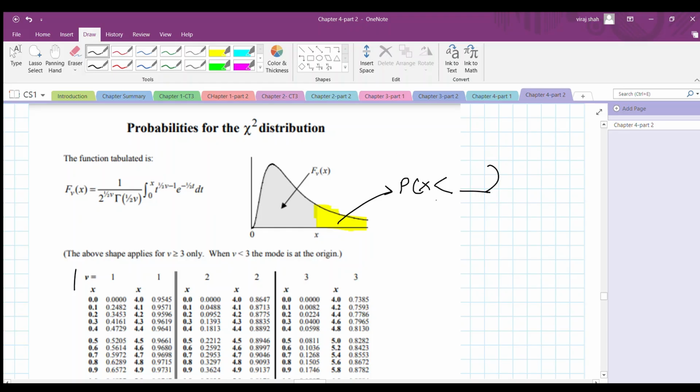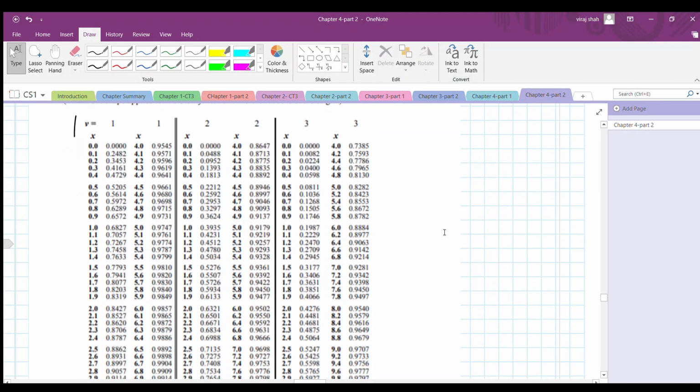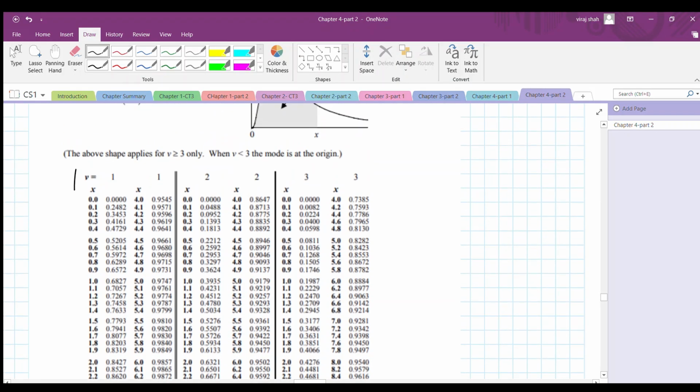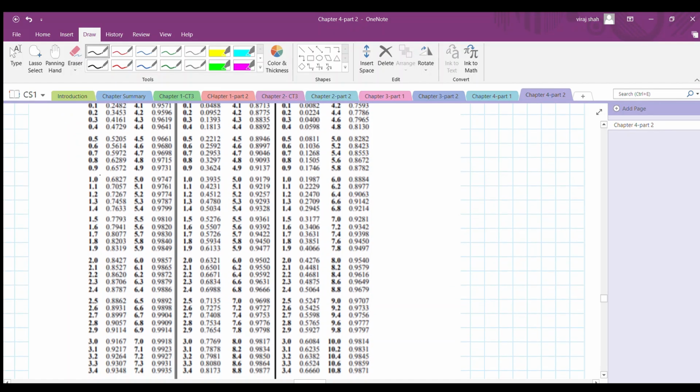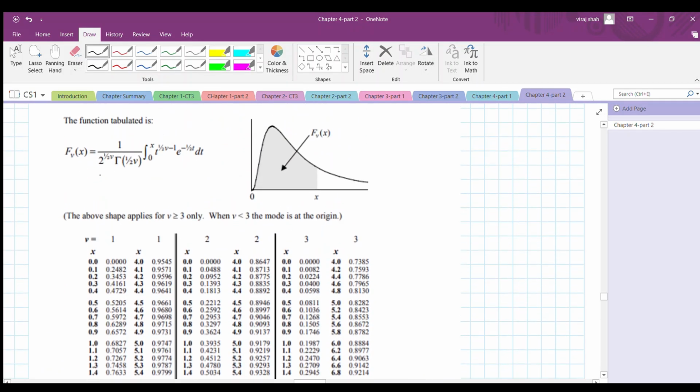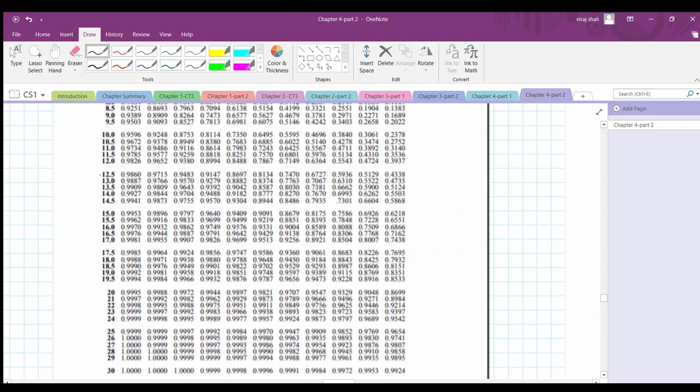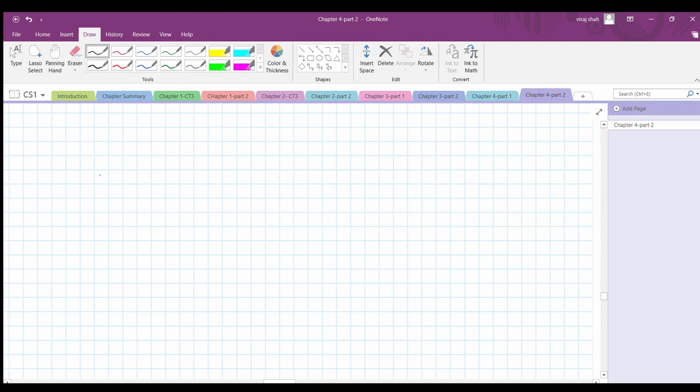Okay, if the downside portion is colored, it means less than. If the above side portion is colored, it means greater than. This is how you interpret the graphs. Okay, so always read this graph, this line. This would always state what this indicates. So for different graphs, there would be different values. Okay, so this is what it indicates.